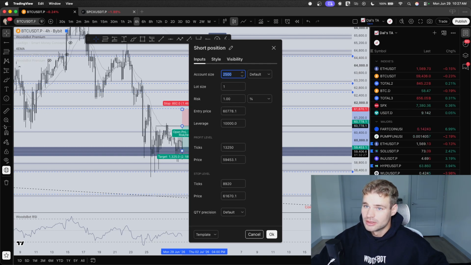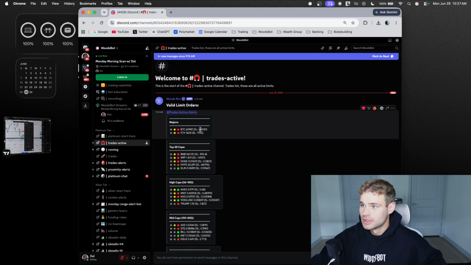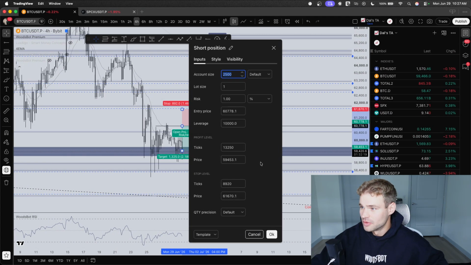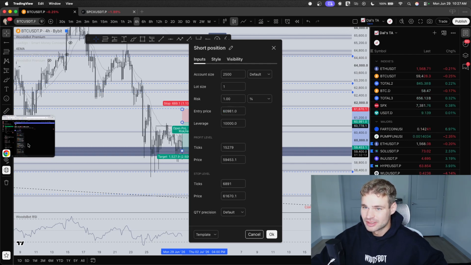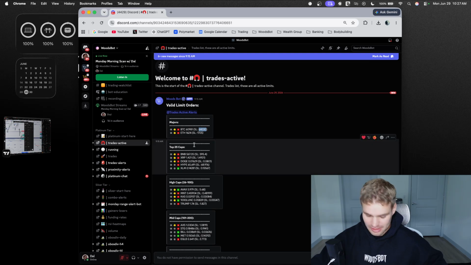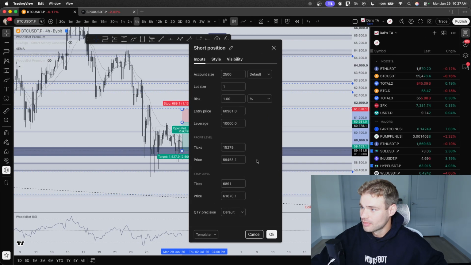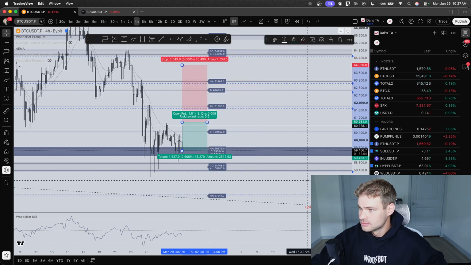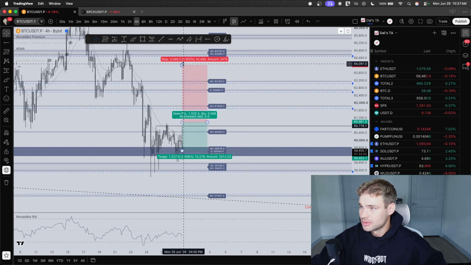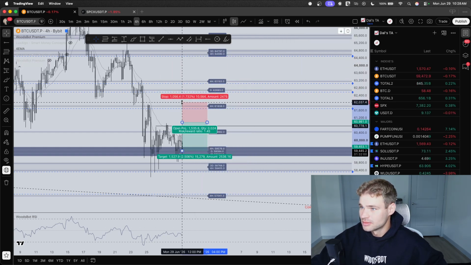What I do is I grab the entry, I copy it, I go over to my short tool, paste. So I have the exact entry and exact stop loss. Stop loss is always going to be 5%, so I'm going to bring that down, maybe right about there.